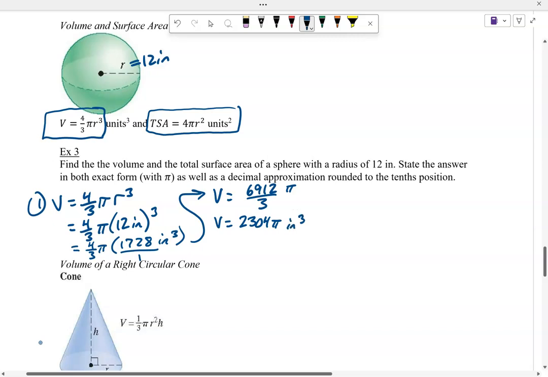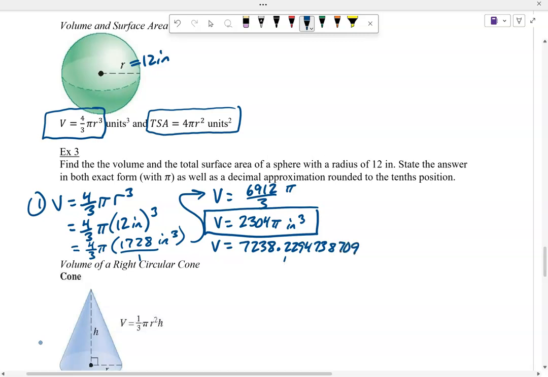Or approximately, if I multiply by pi, so there it is in exact form, I get 7238.2294738709. I want to round it to the tenths position again right there. So 7238.2. The 2 to the right of it leaves it the same.